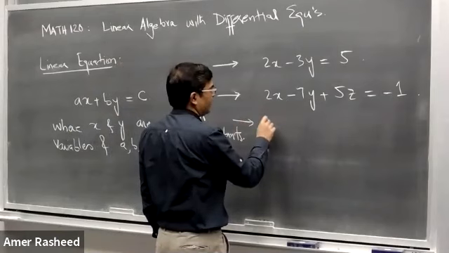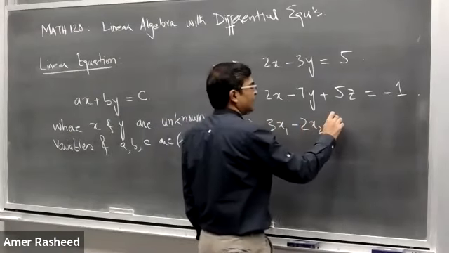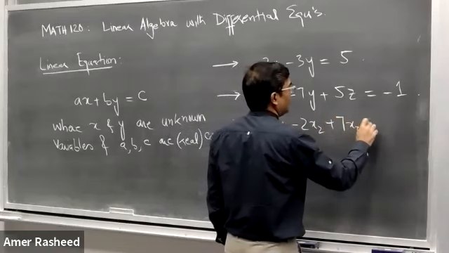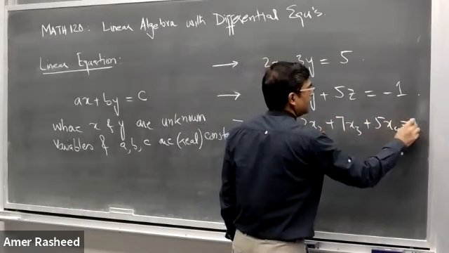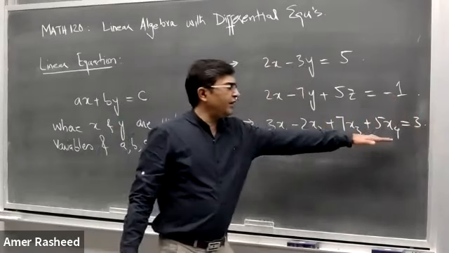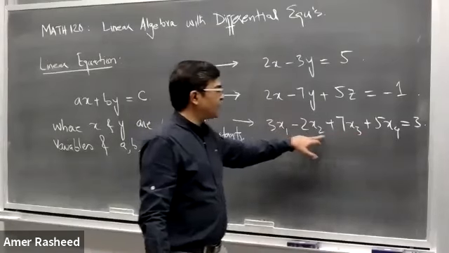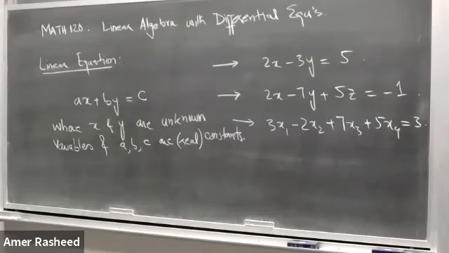For example, 3x1 minus 2x2 plus 7x3 plus 5x4 is equal to 3. So this is a linear equation in 4 variables, x1, x2, x3, and x4. These are unknown variables, and the coefficients are constants. So linear equations are basically of this form.